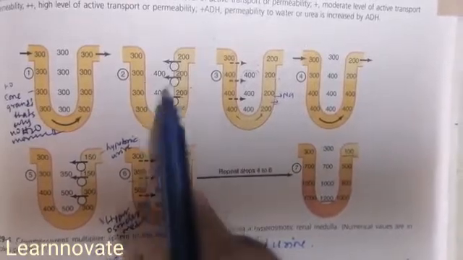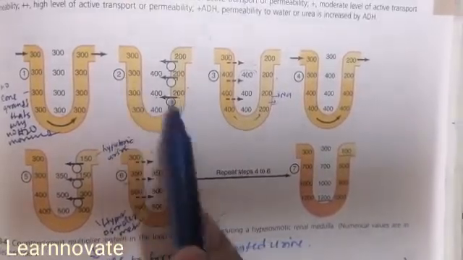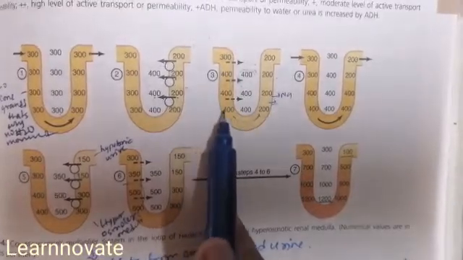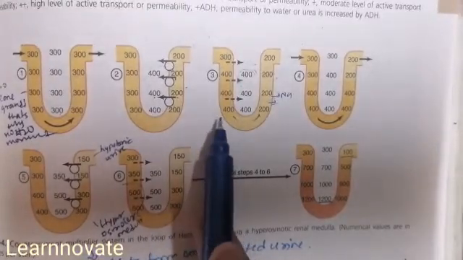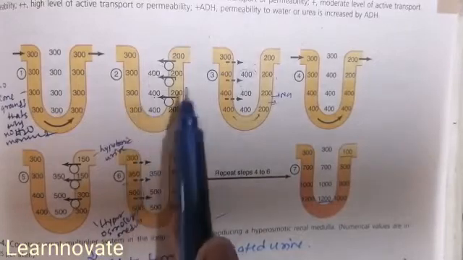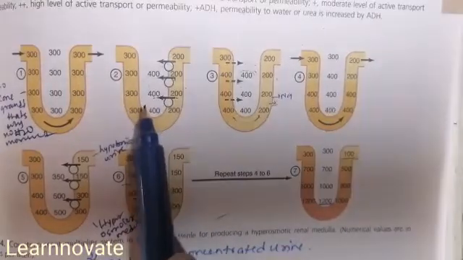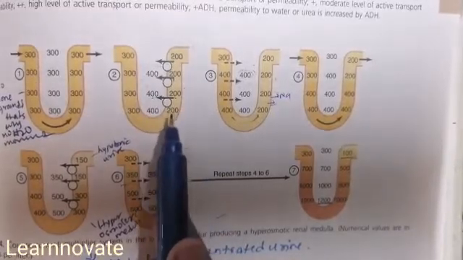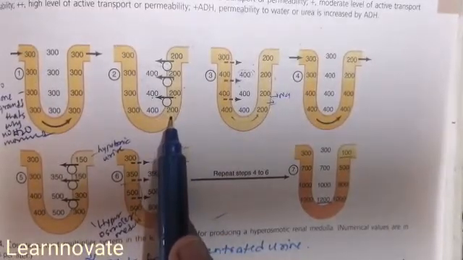Here you can see part of the loop of Henle. Because of this loop of Henle, there is a mechanism called the countercurrent multiplier, and that causes the medullary interstitium to become hypertonic.